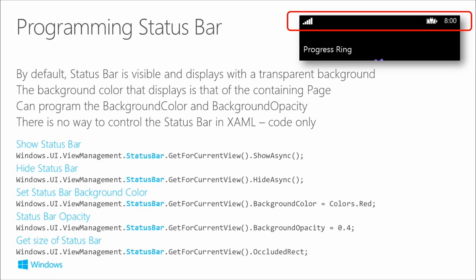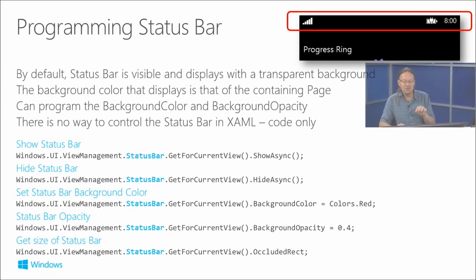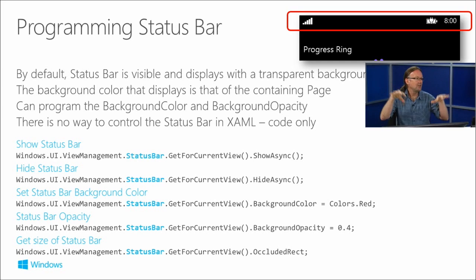Now, by default, the background color of the status bar is fully transparent. So you're just seeing through it, shining through it. You see the background of the page showing through the background of that status bar. But you can set the background color explicitly in code, and you can change the opacity of that as well.